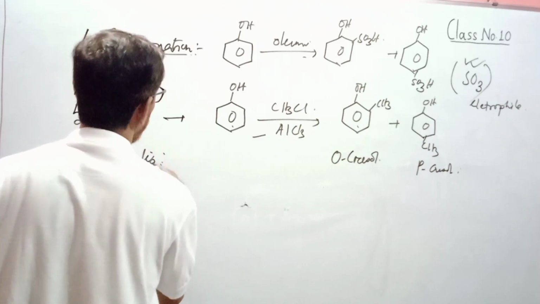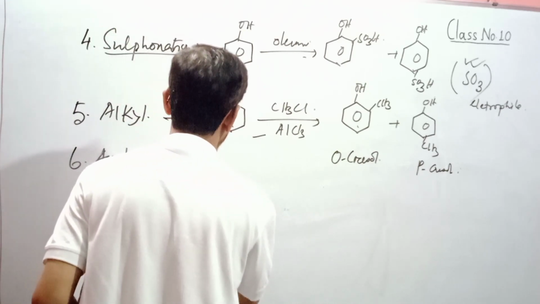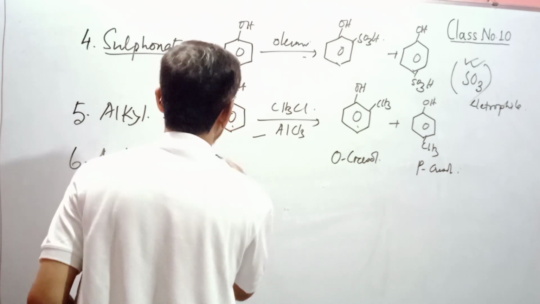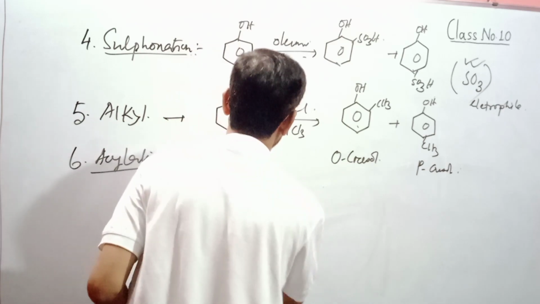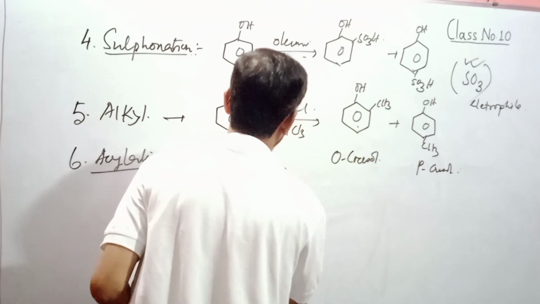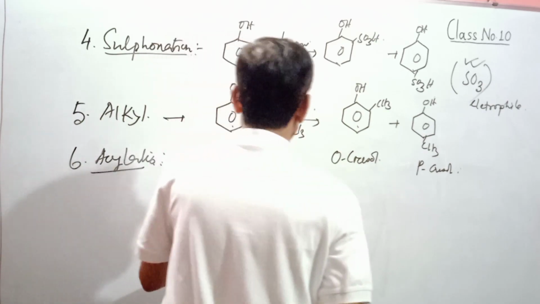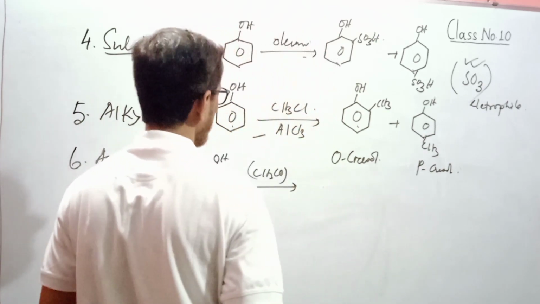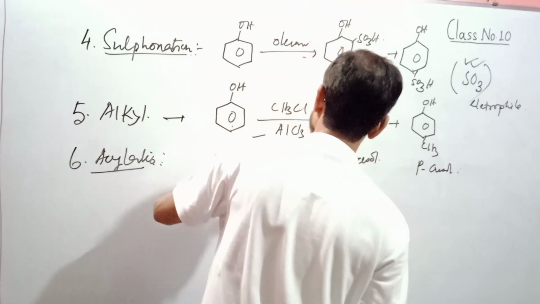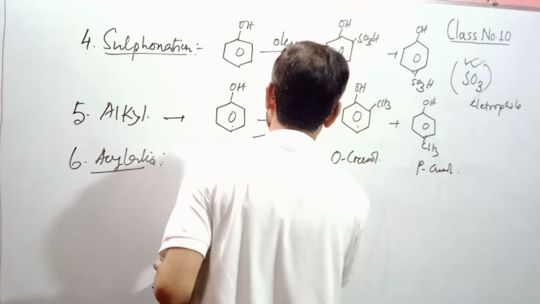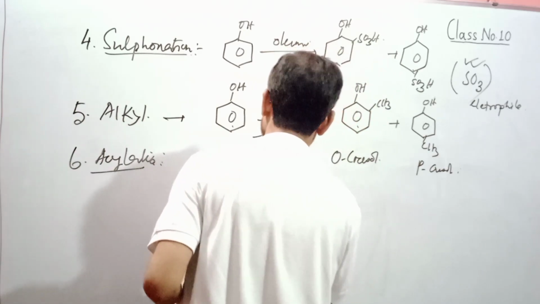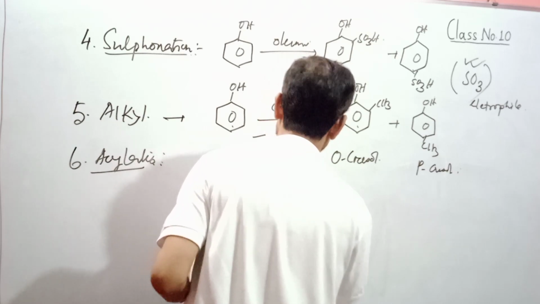Next is acylation. CH3COCl, anhydrous aluminium chloride.